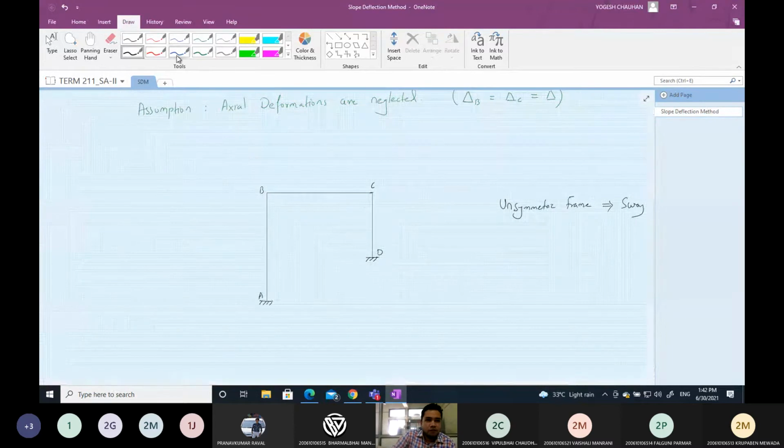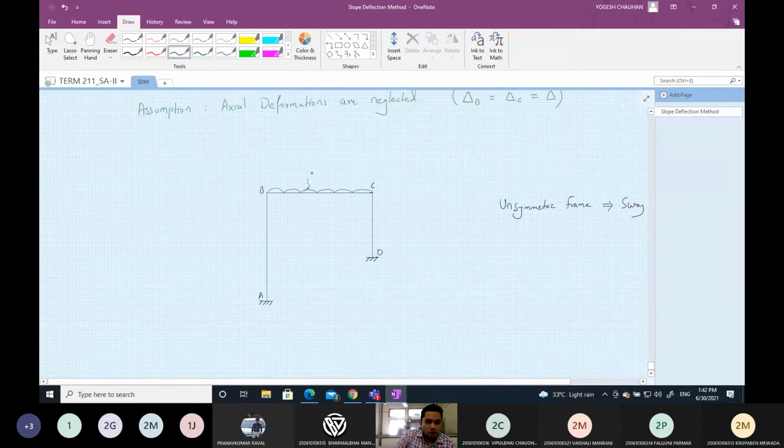Now let this frame be loaded with a UDL of intensity W. Now this frame will tend to sway from right to left because this member is a flexible member. So this frame will sway towards the left.